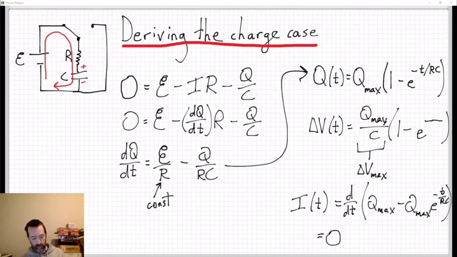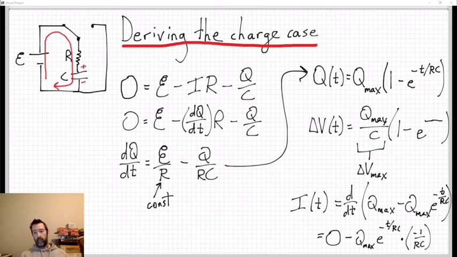The derivative of the second term is going to be Q max times e to the negative t over RC. And then I do chain rule, so I have to take the derivative of that exponent. And the derivative of that exponent is negative 1 over RC. So the minus sign in front of the term and the minus sign in that chain rule constant are going to cancel out. I have the exponential factor, and then I have Q max over RC.